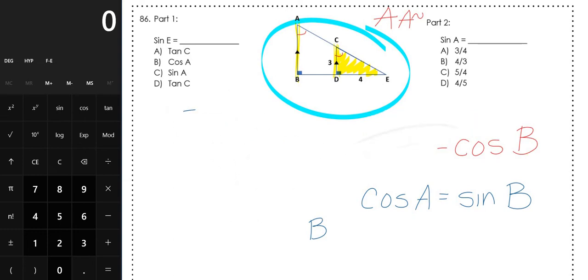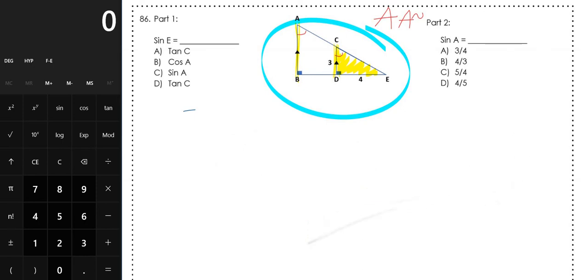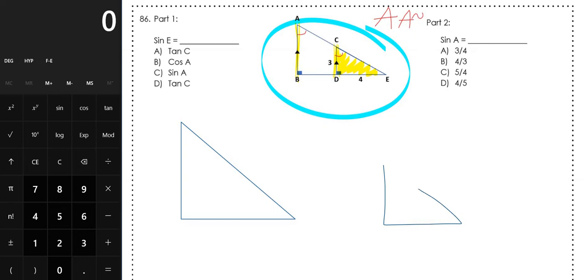I'm going to give myself a little bit of room to work. If I have triangle ABE, which is that big triangle, and then that smaller triangle CDE, which is similar, that means all of the corresponding angles are going to be congruent. I'm going to label everything.